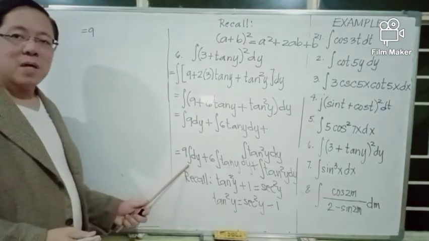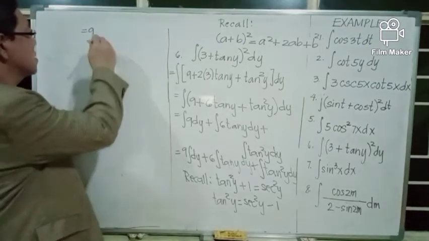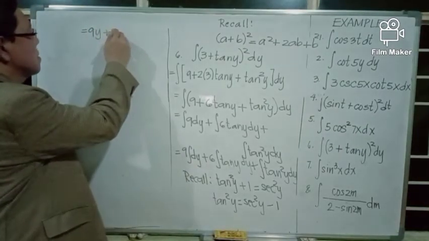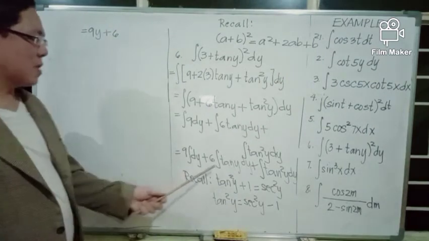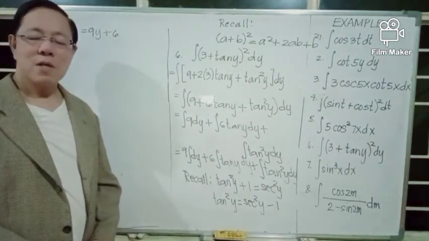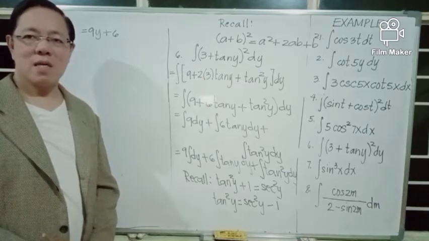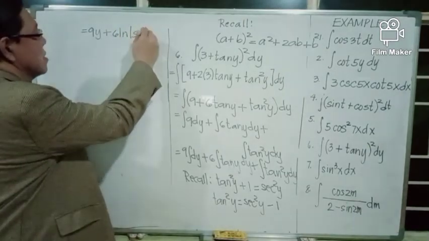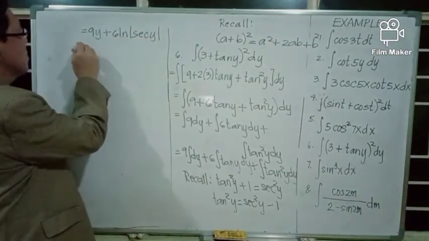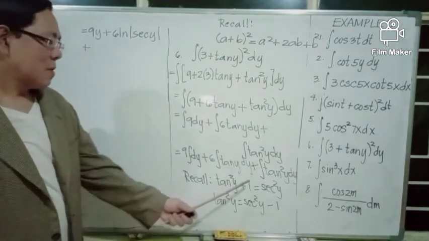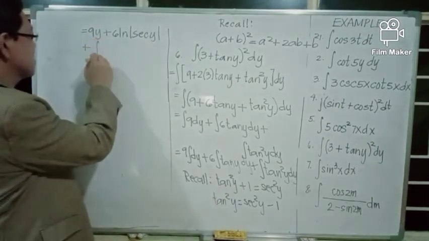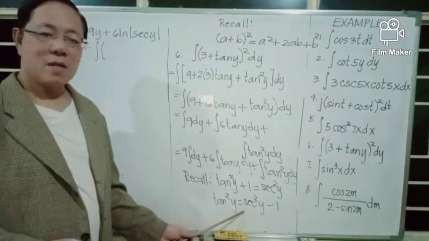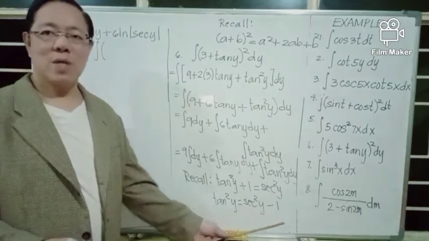9 multiplied by the integral of dy is y, plus 6 times the integral of tangent y. I will use the integral of tangent y equals ln of secant y, ln of secant y, plus the integral of tangent squared y, using the trigonometric identity, is equal to secant squared y minus 1.